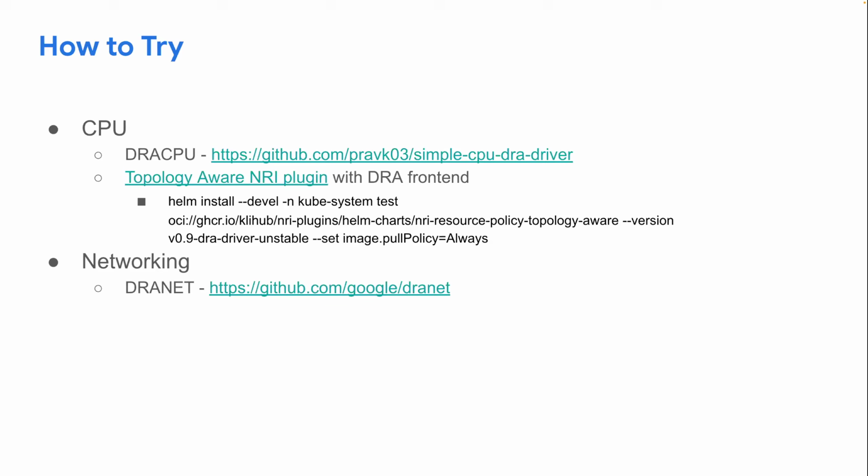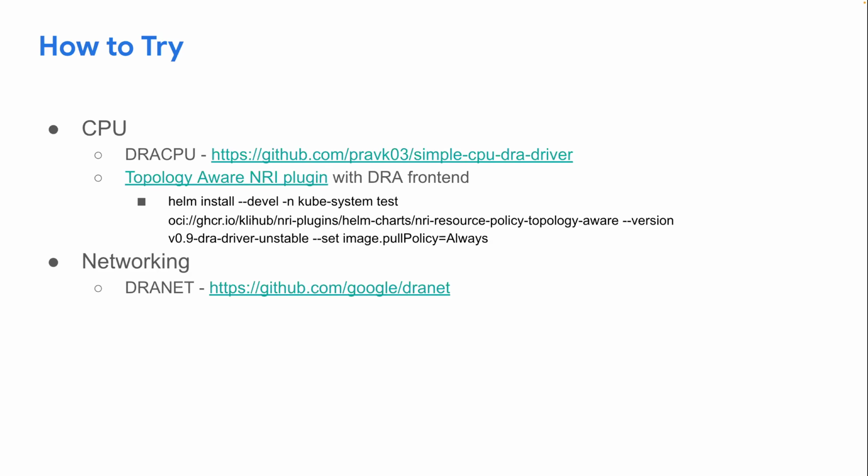But the main place where it differs is how existing guaranteed CPUs are managed, because the topology aware plugin already looks at the pod guaranteed CPUs and does a lot of things like memory pinning and isolated CPUs, and it also has ways to specify settings through the pod spec and things like that.